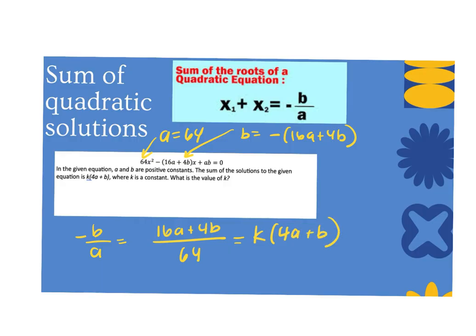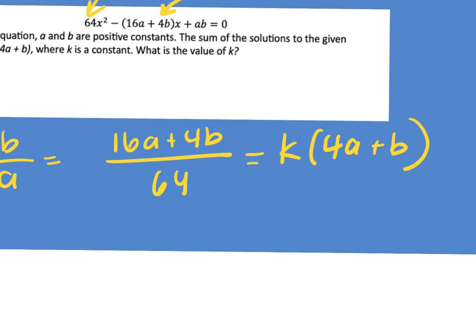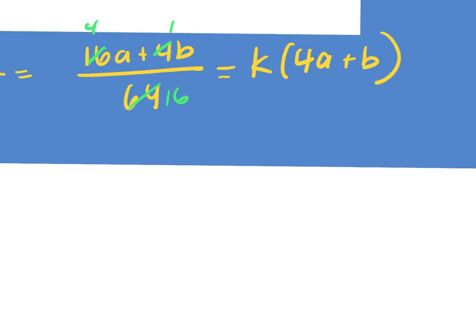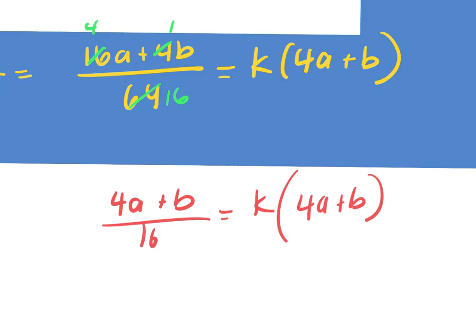So then when I get here, the question is, how do I solve for k? Well, first of all, on the left-hand side, these are all divisible by 4. So I can simplify it, and I get 4a plus b over 16 equals k times 4a plus b. If I want to get that k by itself, what do I do with that 4a plus b?